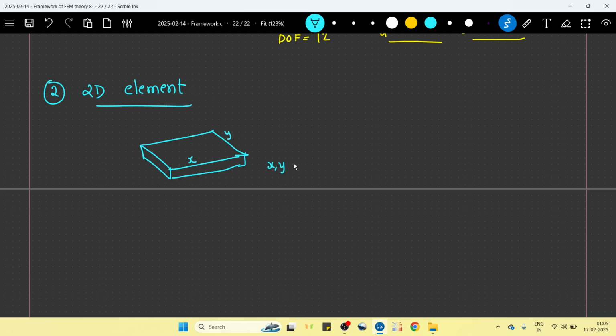When x and y are very large compared to the thickness direction, let's take z as the thickness, we represent that structure as a 2D element. So in this 2D element, thickness is an element property, and x and y are modeled physically.